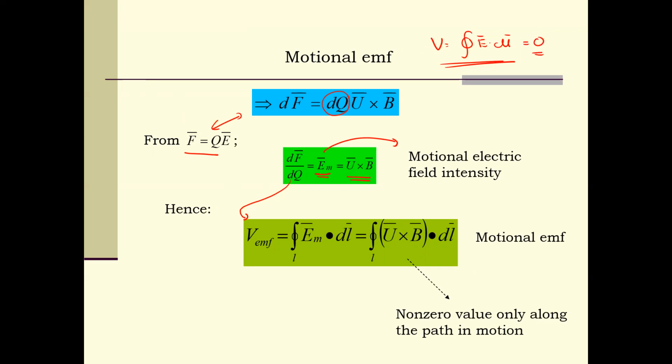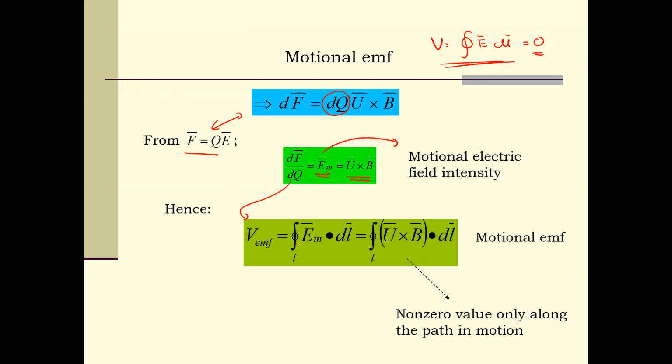It is equal to 0 because the E that we have learned previously is related to the electrostatic field. But for this particular case, the EM is not an electrostatic field, so the EMF is not 0.